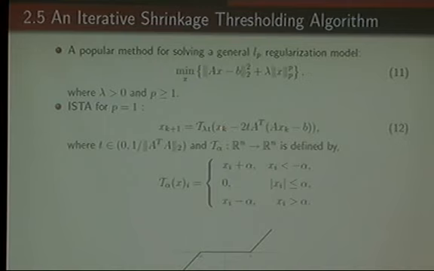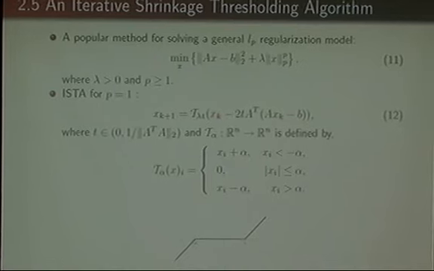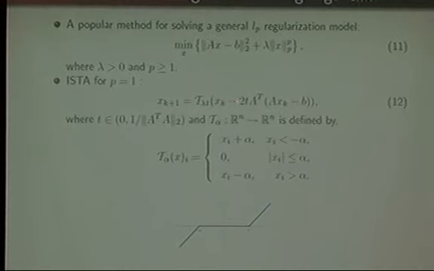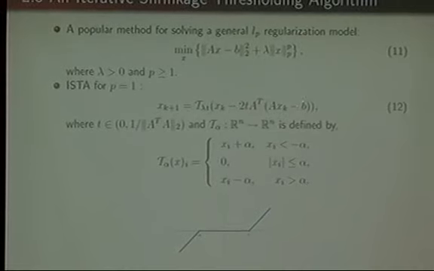From xk, take the gradient of this function, which is 2A transpose times (Axk minus b), the residual. You take the minus gradient direction with step size t, so you take some step toward the minus gradient vector. Then we truncate: if xi is less than that, we add, and if greater than that, we subtract.